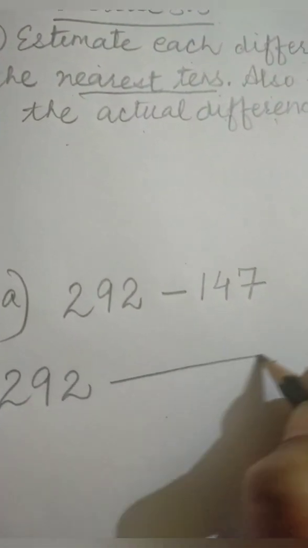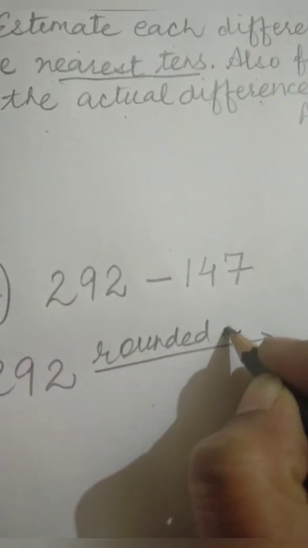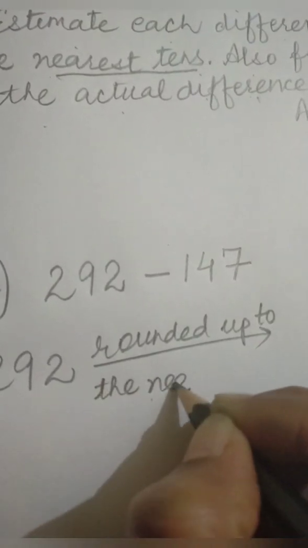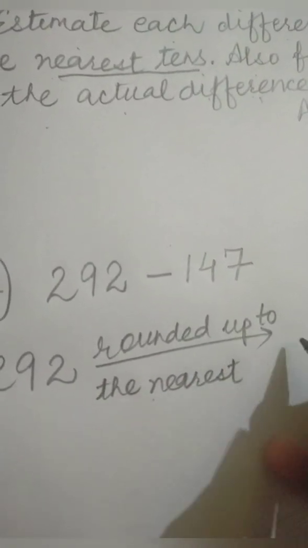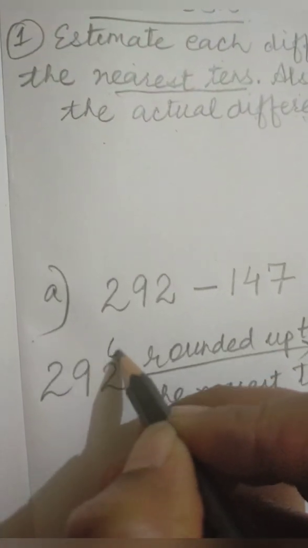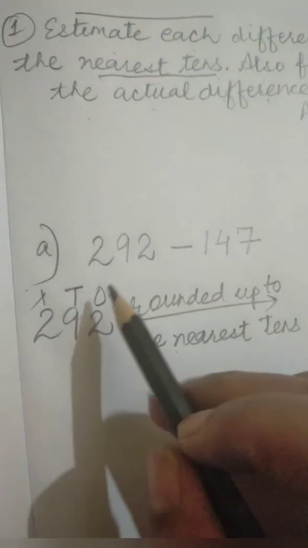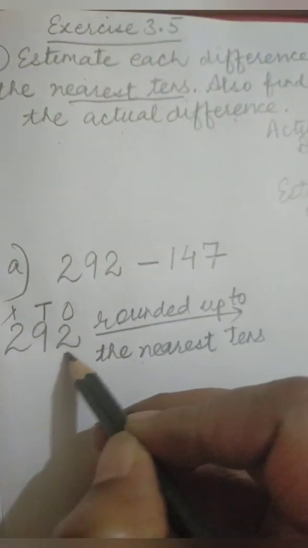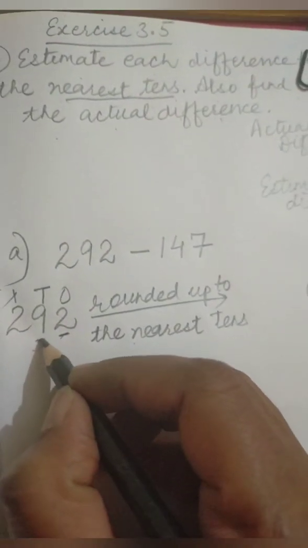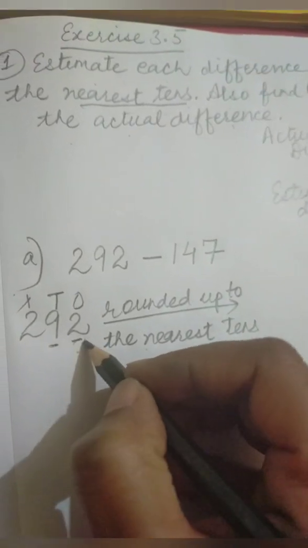292 rounded off to the nearest tens. Here ones, tens, we will not write 100 because we have to round off to the nearest tens. Now ones place digit will be 0, and the tens place digit will be according to the ones place.